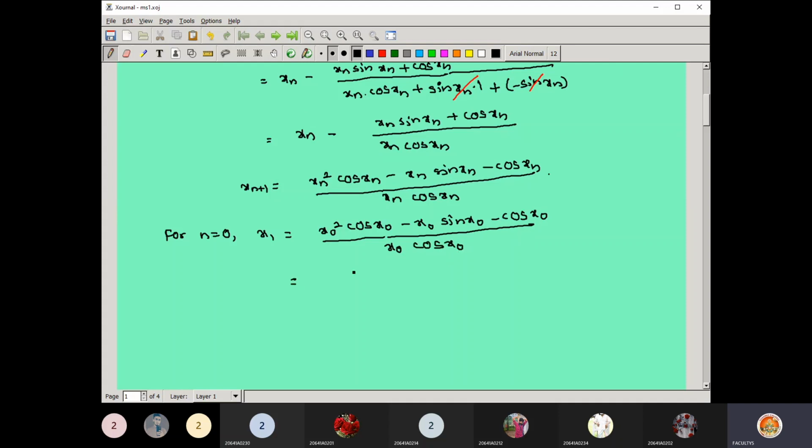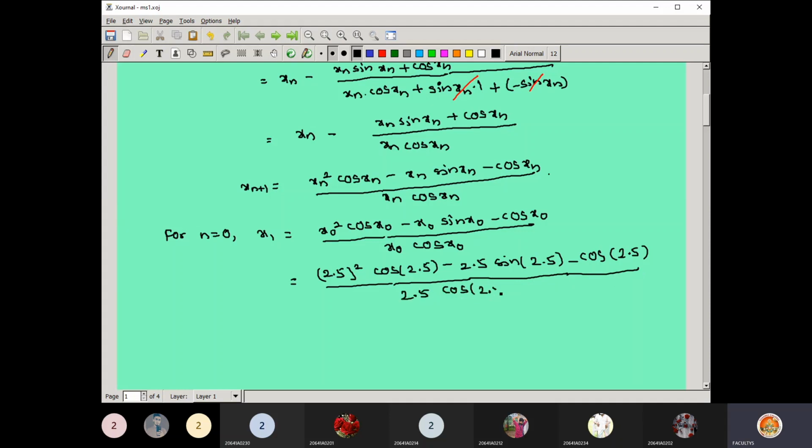We have already calculated x naught; it is nothing but 2.5. So 2.5 square cos of 2.5 minus 2.5 sin of 2.5 minus cos of 2.5, divided by 2.5 into cos of 2.5.